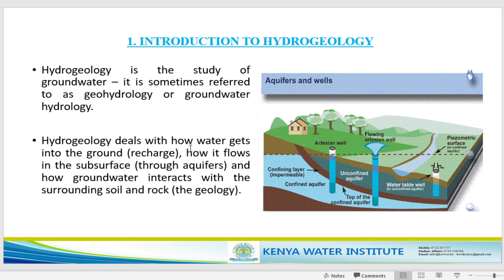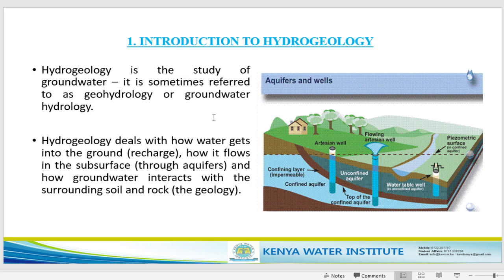However, as it percolates through the aquifer, it interacts with the rocks and the soils in the subsurface. So we say it interacts with geology. So this water, all the way from the surface, starts by infiltrating to the subsurface. It then starts percolating deep, interacting with the soils and the rocks, what we call the geology.